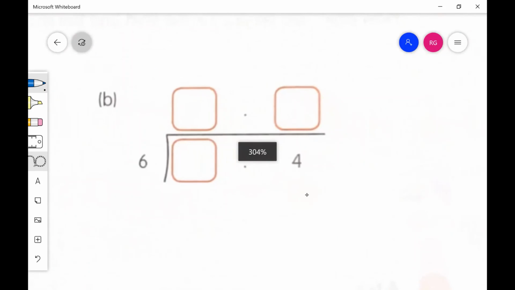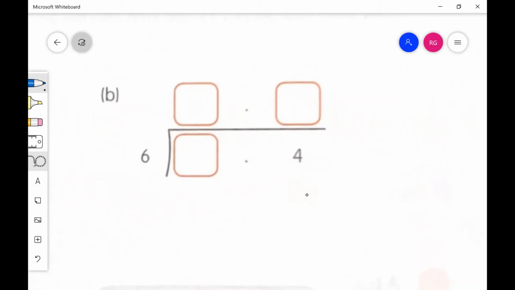Let's try the next one for B. And this is blank point 4 equals blank point blank. This could be a lot of things, really. This could be really whatever we want, except it would have to be just one decimal with no remainder.